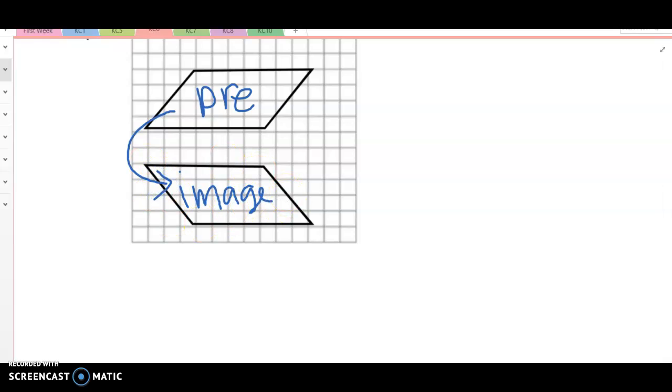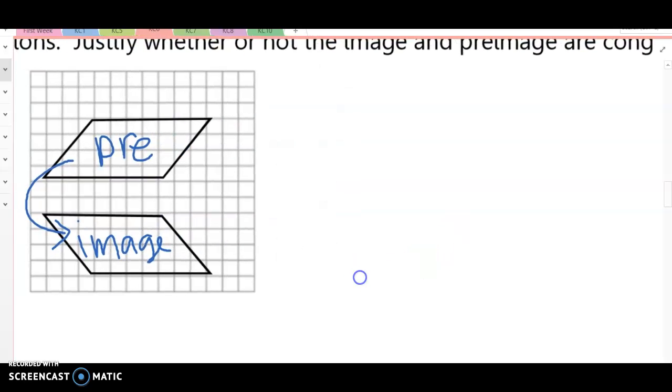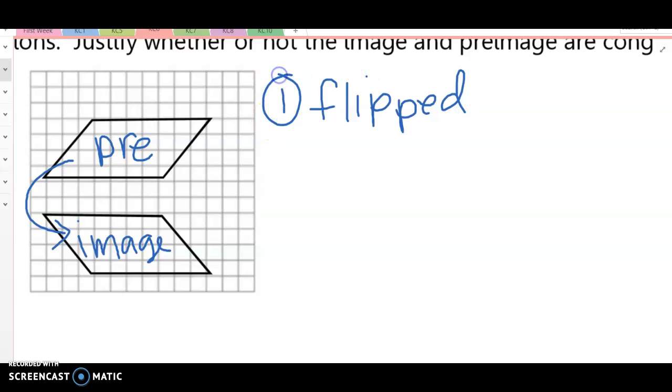So we can kind of think of it as a combination of 2 things. We can kind of see, well, the picture is flipped. So 1, it started kind of facing up and it flipped to face down. Then also, if it just flipped, like this side would be touching.